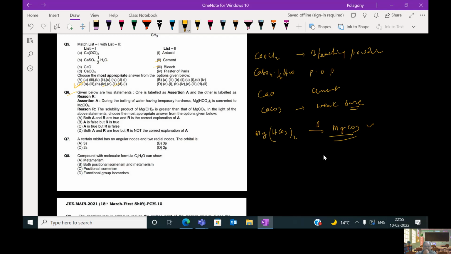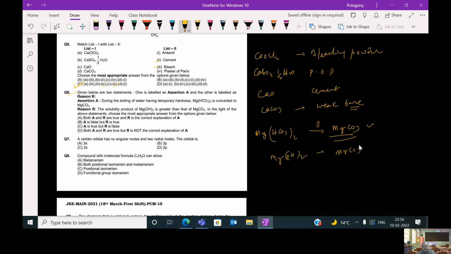So the first statement is true. The second statement says the solubility product of magnesium hydroxide is greater than that of magnesium carbonate.